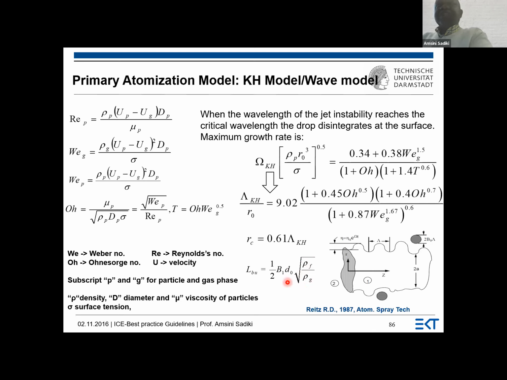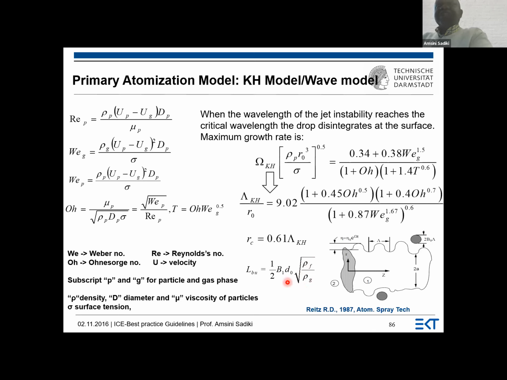K is the wave number, which is built here. We have our sheet, and there is a building of instability, and due to the growth of this instability, ligaments are created, and these ligaments break up into droplets. It is almost the same theory we have seen before: the sheet formation, the ligaments and the droplets, and the sheet formation is due to Kelvin-Helmholtz instability.